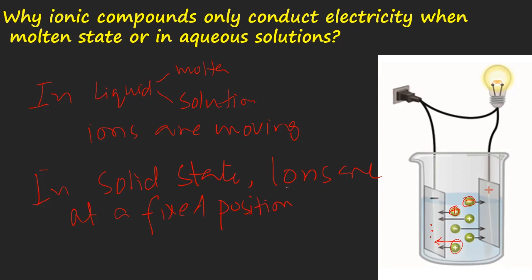All right. Because they cannot move, they cannot receive or drop off electrons. So in the molten state or solution state, because ions are moving, they can carry electrons and conduct electricity. In the solid state, ions are fixed. They're not moving because they're in the crystalline lattice. Because they are at a fixed position, they cannot carry electrons, and they cannot conduct electricity.